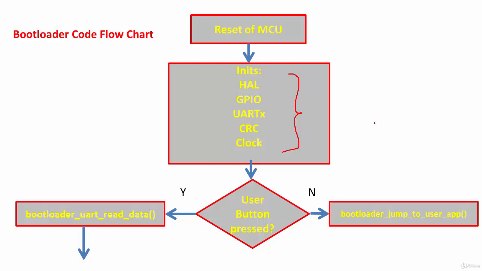Then it checks the status of the user button. If the user button is not pressed, it goes to the function bootloader jump to user application, and continues with the user application. And if the button is pressed during the reset, it goes to the bootloader UART read data, or you can also call it read host command, whatever.